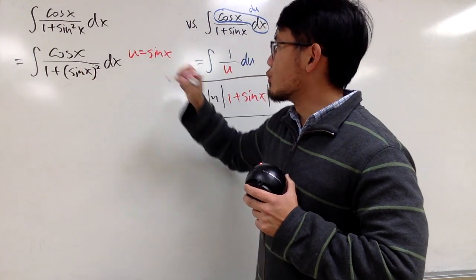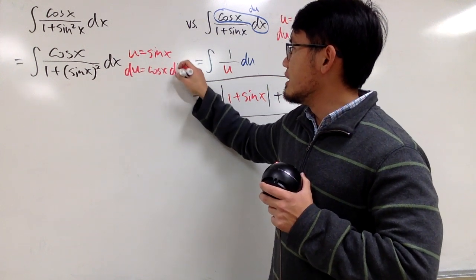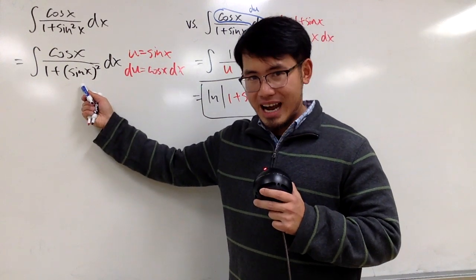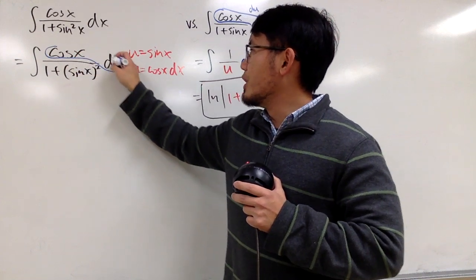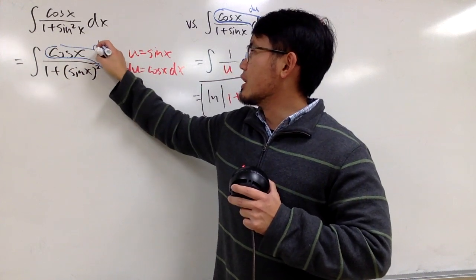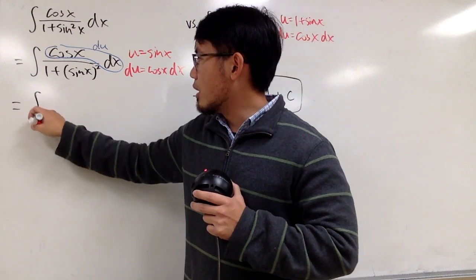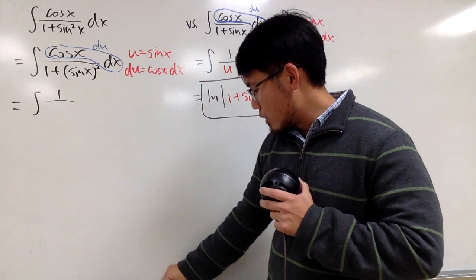This is going to work out really nicely as well, because du is equal to cosine x dx. Just the inside, okay? Just the inside. And then you see that on the top, we have du again. So that's really nice. Now this is the integral: on the top, I'll put down 1 over, and then the du will be on the side right here.